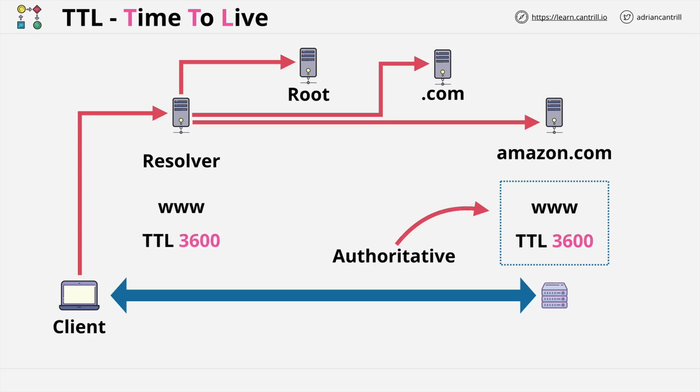If another client queries the same thing, which is pretty likely for Amazon.com, then they will get back a non-authoritative answer. But that answer will be retrieved immediately because it's cached on the resolver server. The resolver server, remember, is hosted probably at our internet provider, and so it's much quicker to access that data.